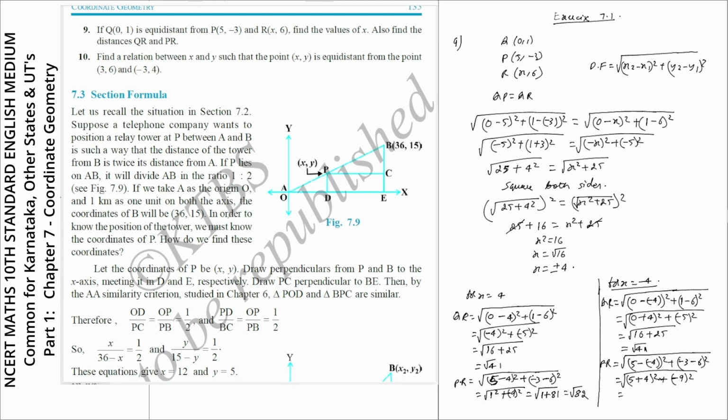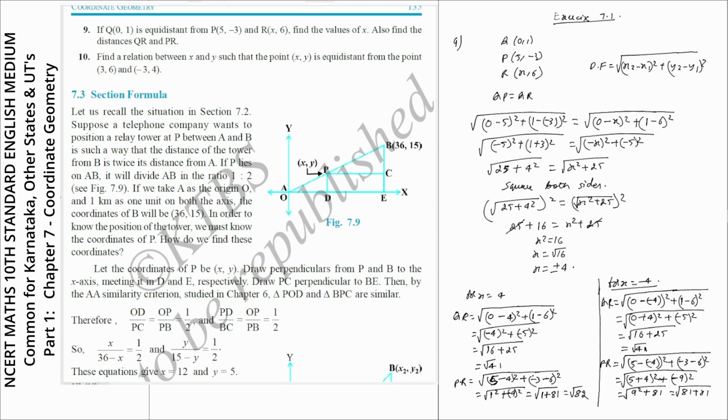So 5 plus 4 is 9, so 9 square, plus minus 9 the whole square, minus 9 into minus 9 is plus 81. So again I will get 81 plus 81.